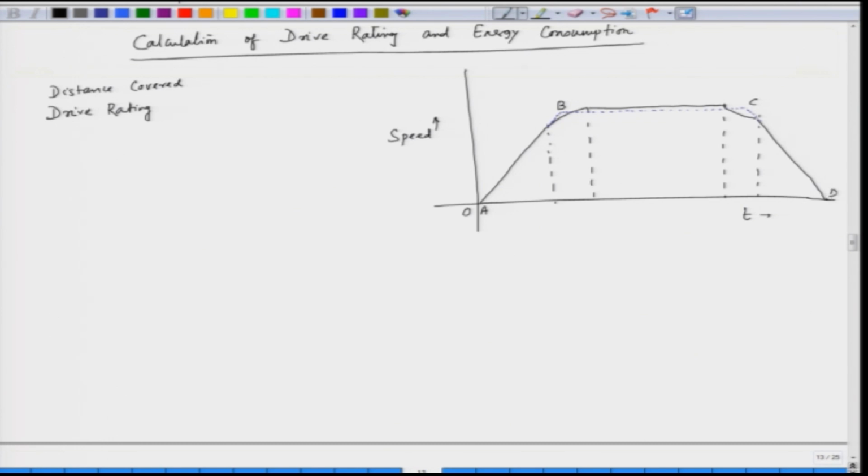Here we drop a perpendicular, and we also drop a perpendicular here.